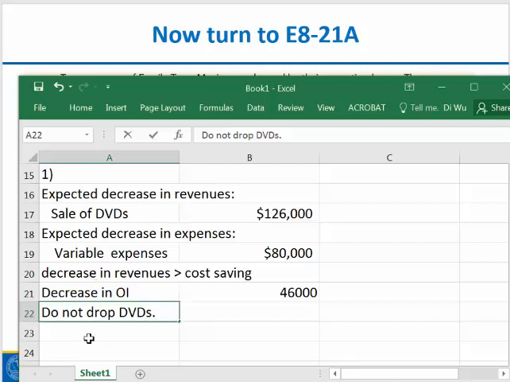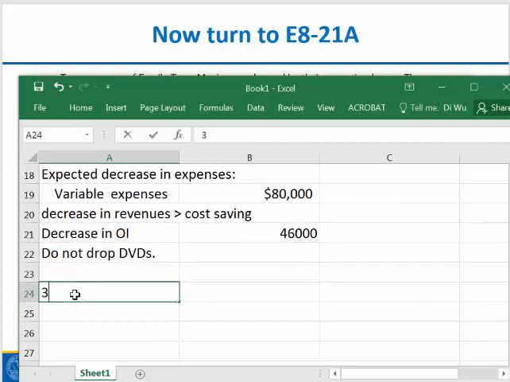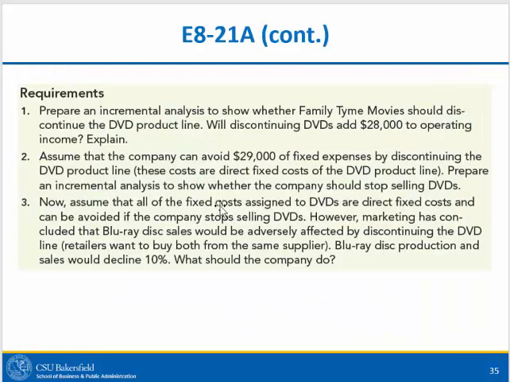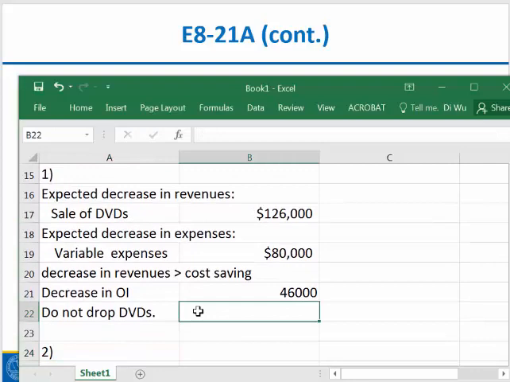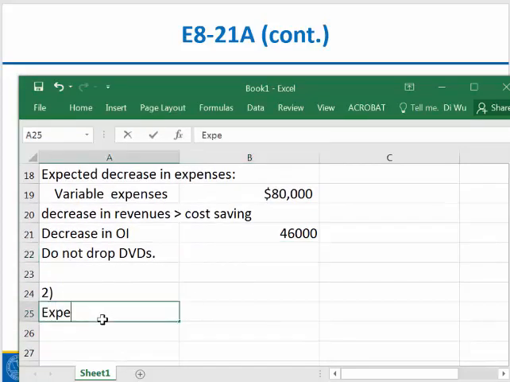All right, now let's take a look at the second part of this problem. It says let's assume that a company can avoid 29,000 of fixed expenses by discontinuing the DVD product, and then let's do that again. If that happens, you will probably see a different result here. It's very similar to what you have just done. I'm going to first start with the expected decrease in revenues.